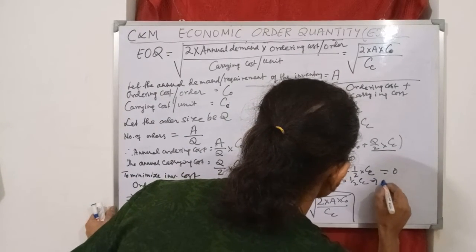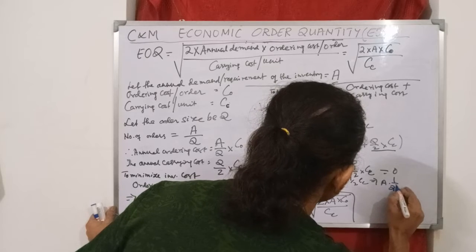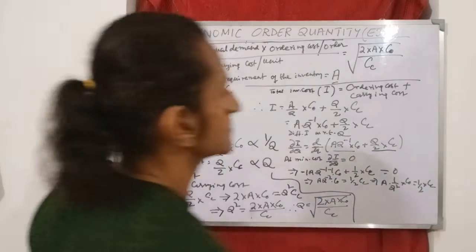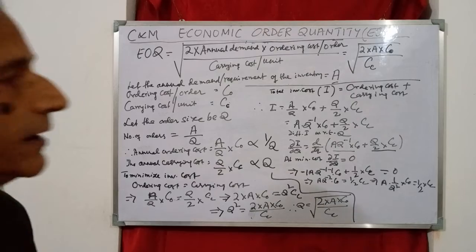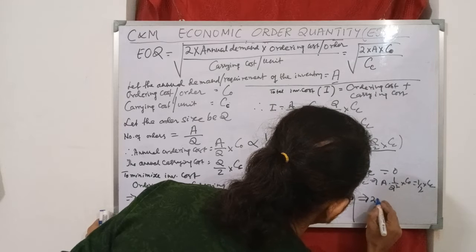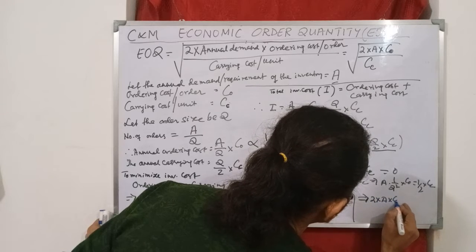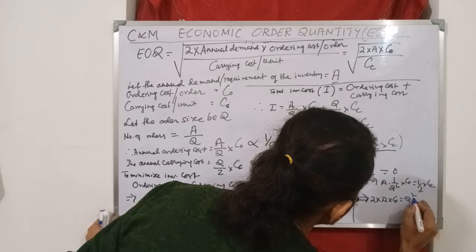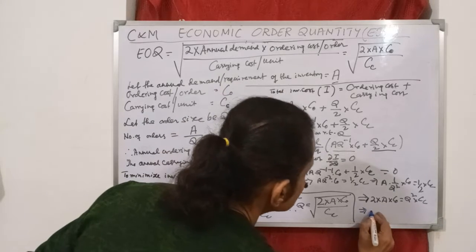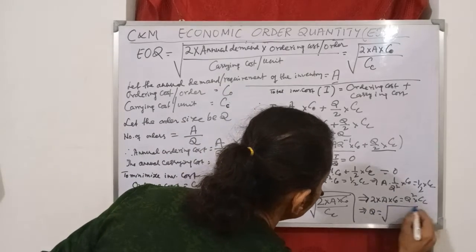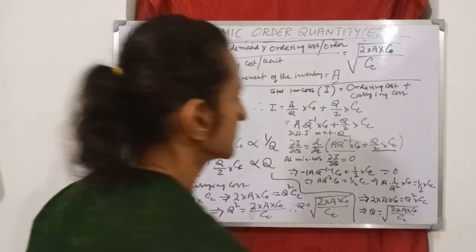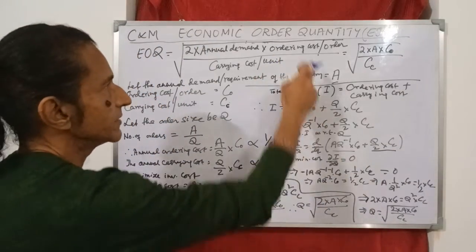This means A into 1 by Q square into C sub O equals half into C sub C. Right? This means we just cross multiply, 2 into A into C sub O equals Q square into C sub C. So this means Q equals root over 2 into A into C sub O divided by C sub C. The same thing, the same formula.